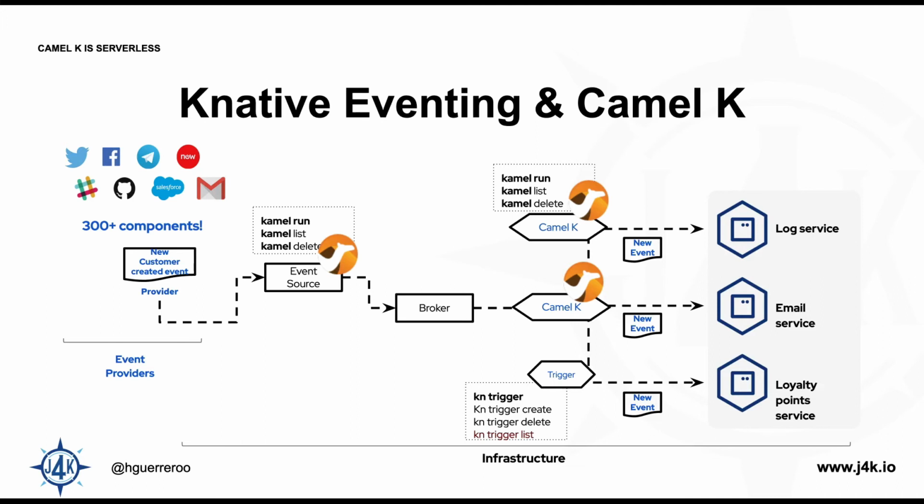Then you can use those events to be shared along the whole platform, triggering applications like your functions or services, which could or could not be Camel K applications. It could be any type of application running on top of Knative Serving.